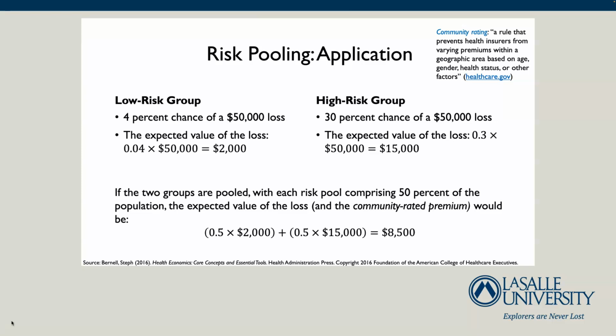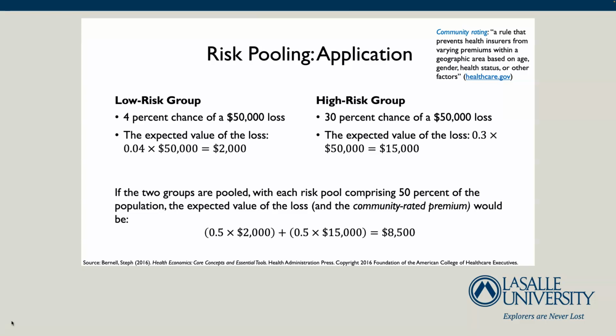Now that these two groups are pooled into a community risk pool, with each risk pool comprising 50% of the population, the expected value of the loss and the community rated premium would be the following. We would have 50% of the population in the low risk pool with an expected value of a loss of $2,000.